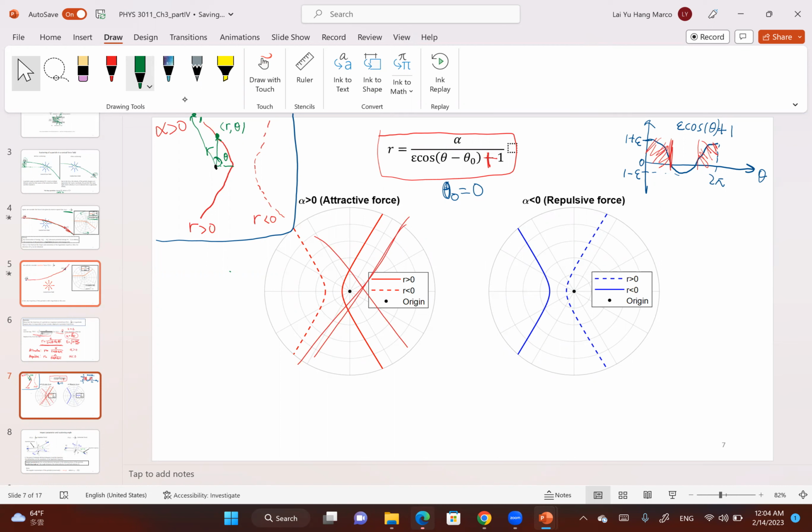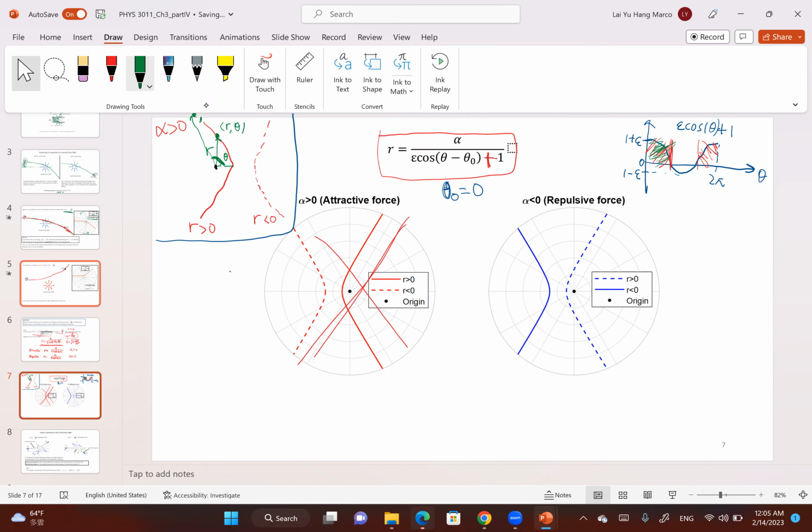What you have is still some positive R that tends to infinity, which is the case when the denominator is really close to zero. When I draw all this over here, I'm still within this range.